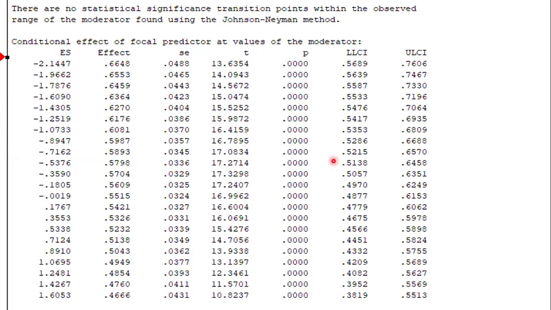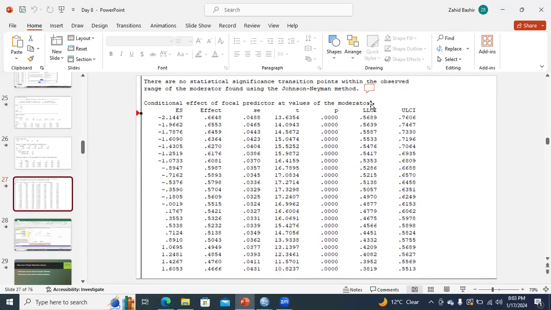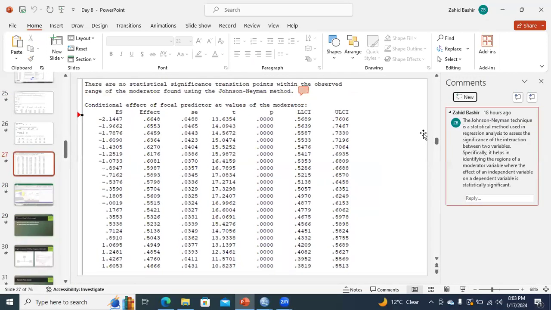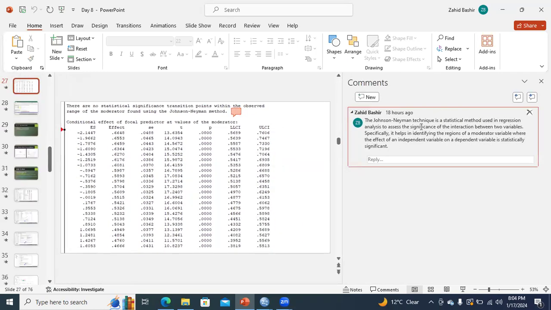So what next we need to see over here? I told you that I would like to let you know what the Johnson-Neyman method is. You need to understand what the Johnson-Neyman method is. It basically helps you to elaborate. I have searched this concept on the internet, and I would like to share with you what this concept actually is. The Johnson-Neyman technique is a statistical method used in regression analysis to assess the significance of interaction between two variables.